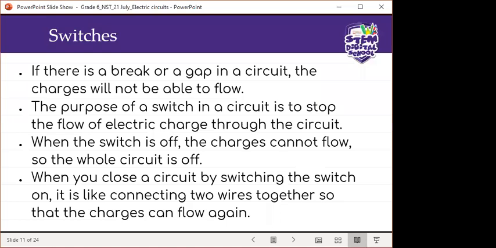Do you guys have a section in your textbooks which speaks about switches? All right, okay.